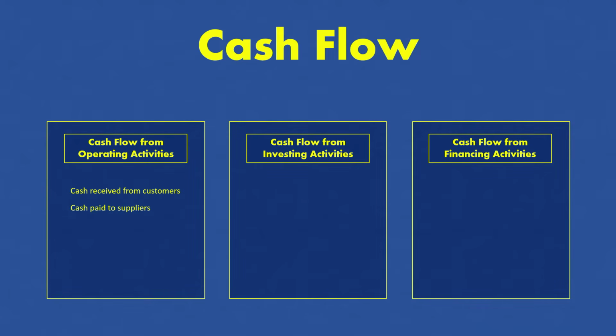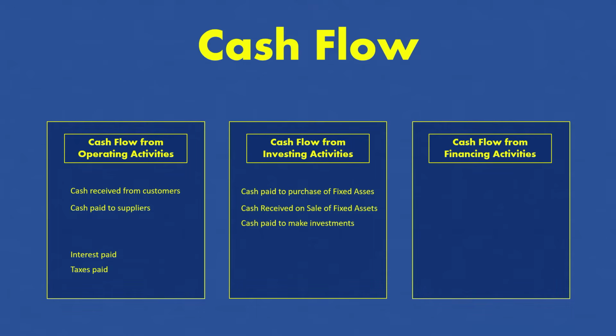So in the operating activities we will consider all the cash received from customers and cash paid to the suppliers, of course for expenses, and then we will also include the interest paid and tax paid in this part of the cash flow statement. In the investing section we will include all the cash that is being paid to acquire a fixed asset, or cash that is being received if we sell those fixed assets.